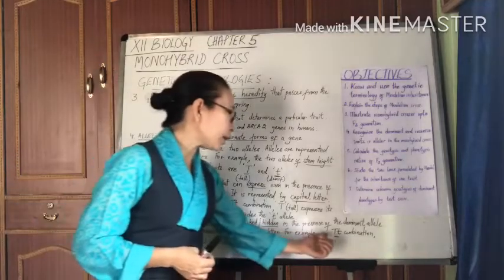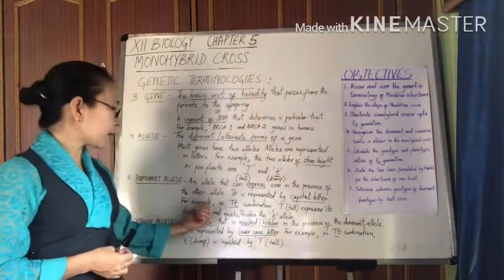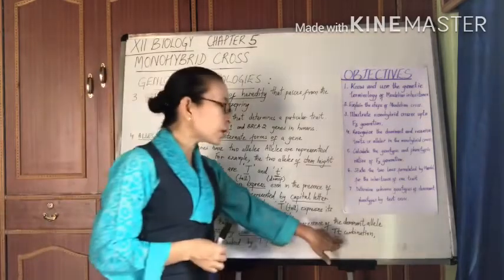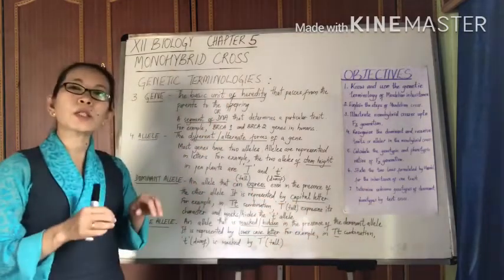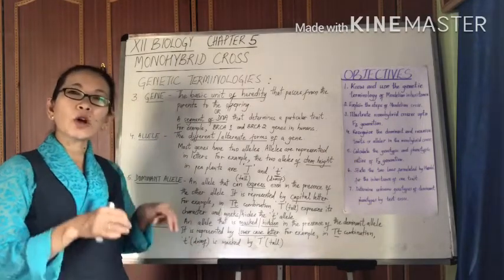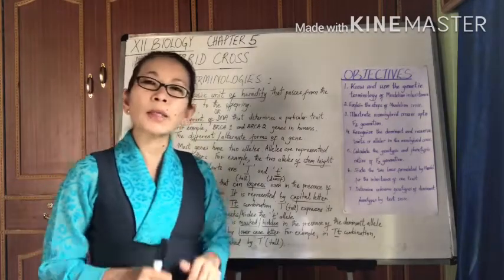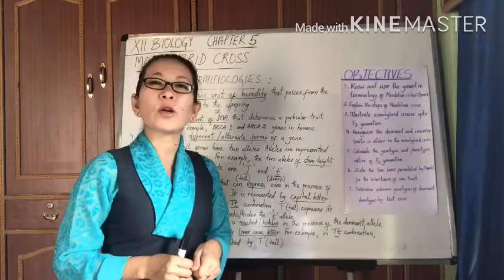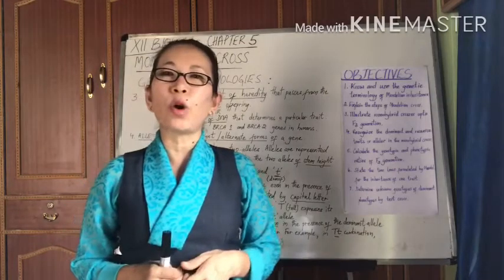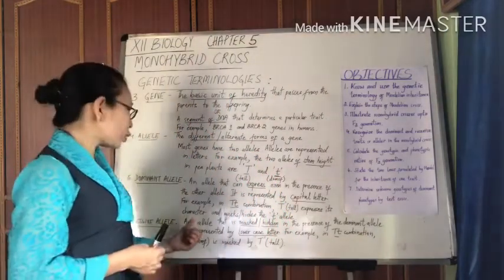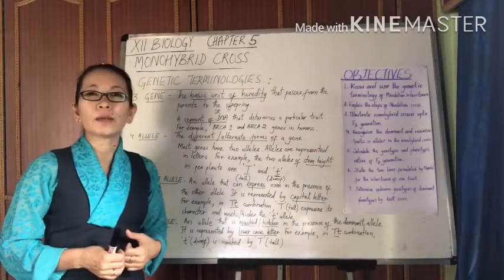And if we take the same example, that is, in the capital T small t combination, the dwarf character of the small t is masked by the presence of capital T. So a small t cannot make its expression in the presence of capital T. And because it's getting hidden here, it's known as recessive allele.